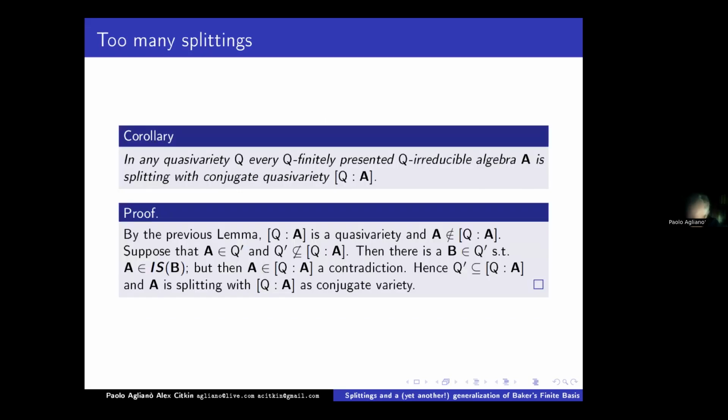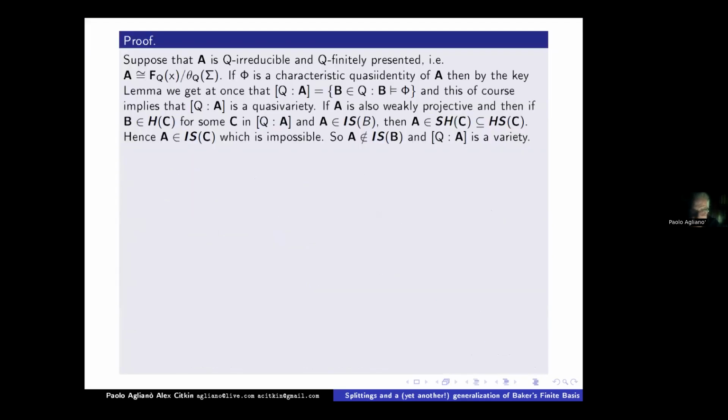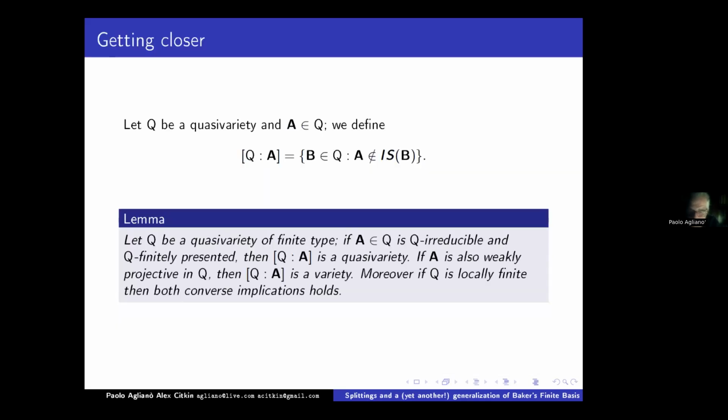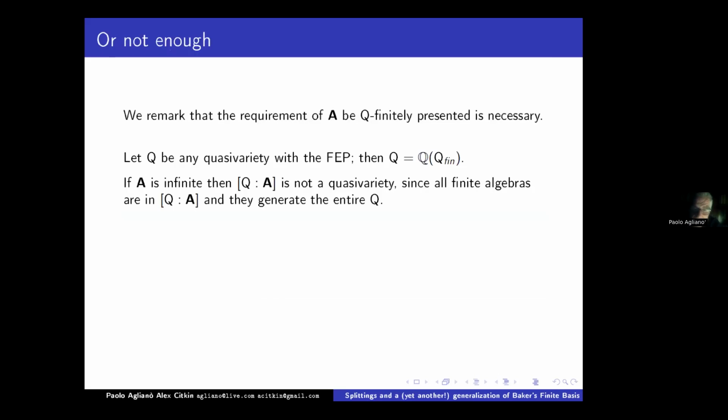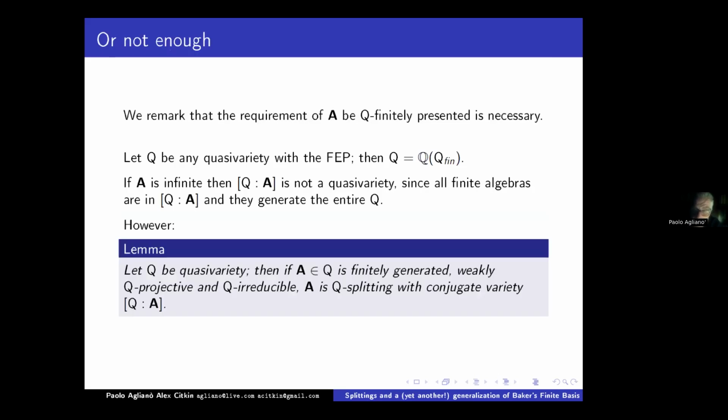No, sorry, this one. Okay, so if it is Q-irreducible, Q-finitely presented, and weakly projective, then that class is a variety. So if I take a finitely generated weakly projective algebra, it has a conjugate variety, not just a quasi-variety. I mean, it's a variety.